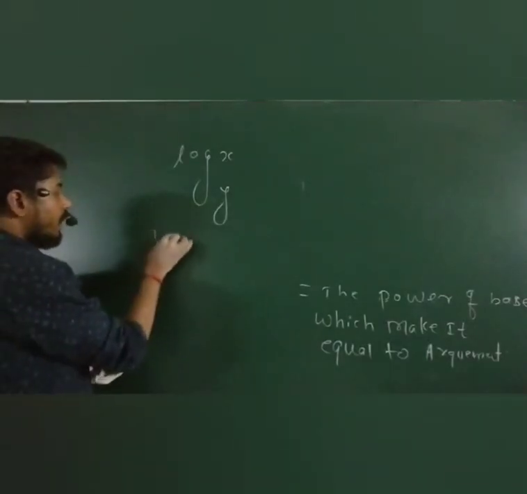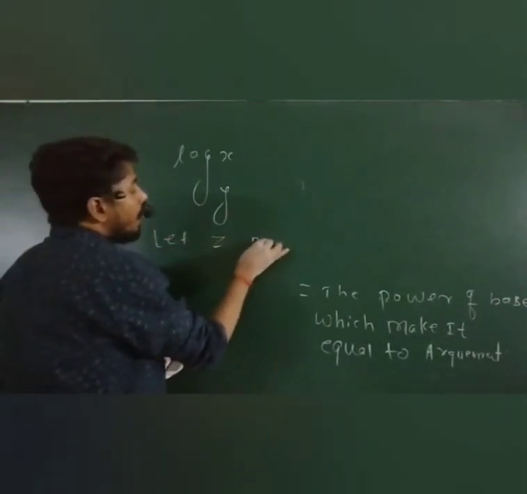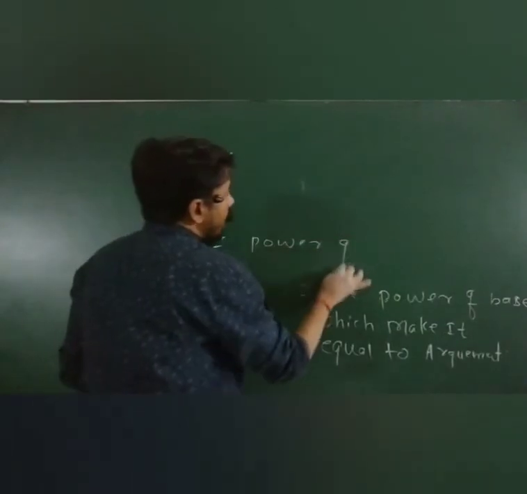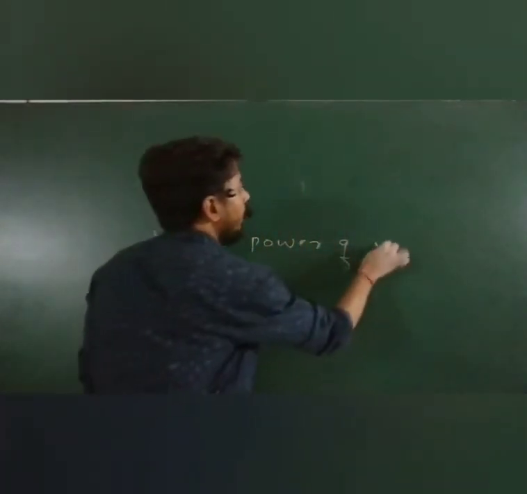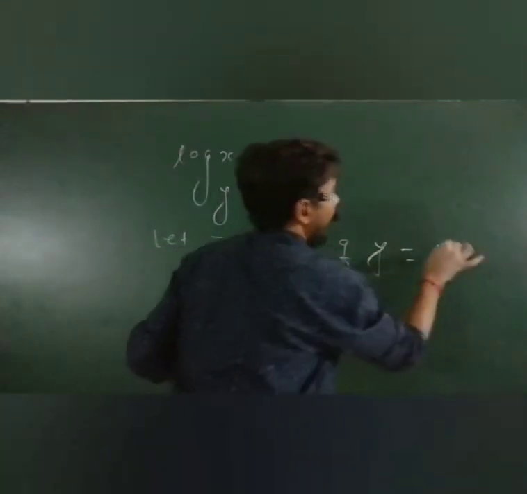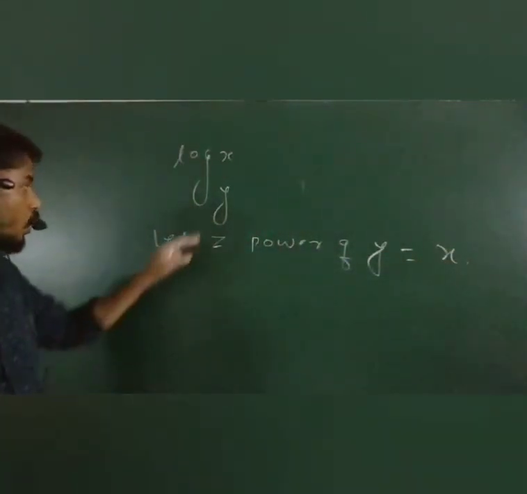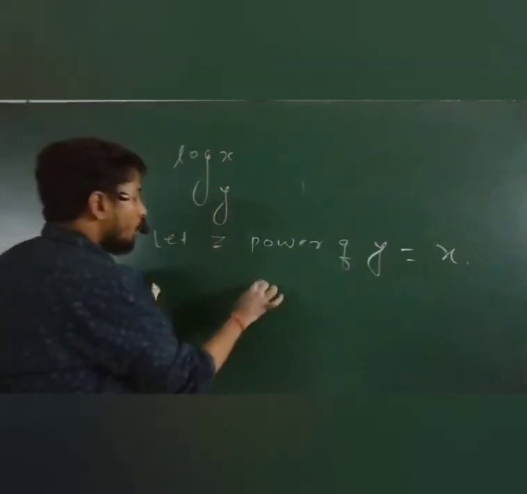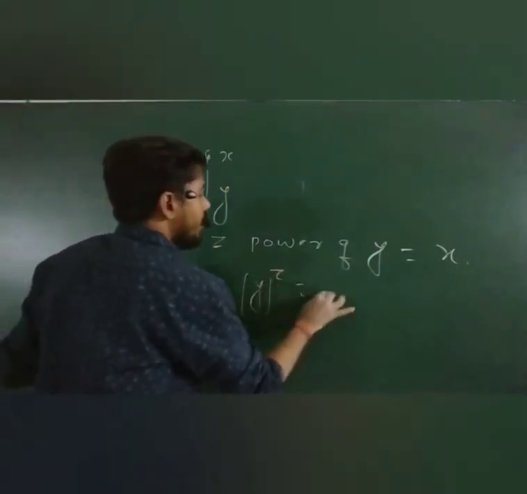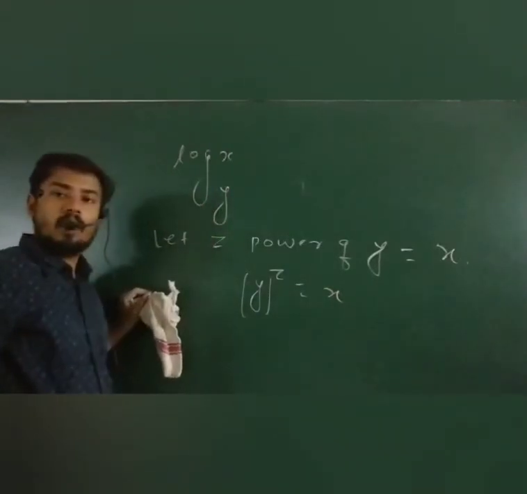Suppose I assume z. z power of y is equal to x, right? I assume its power is z, then it becomes equal to x. It means y power z is equal to x.